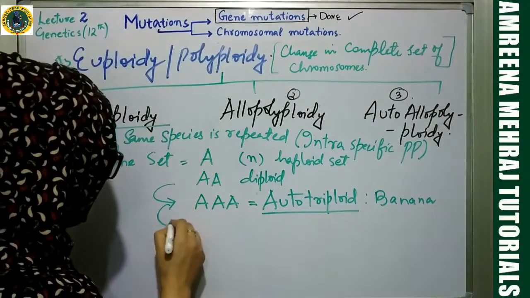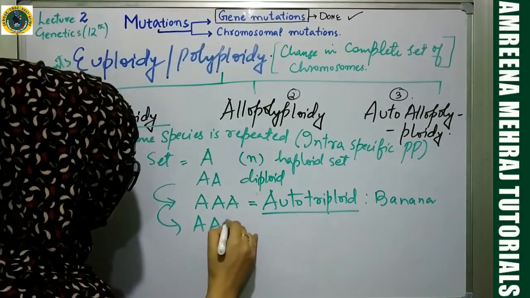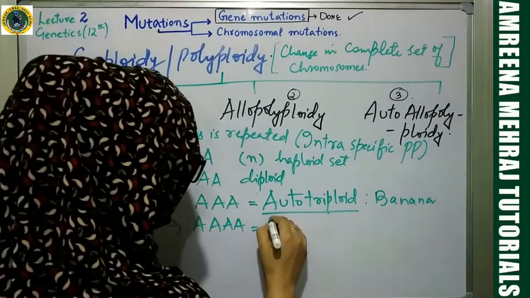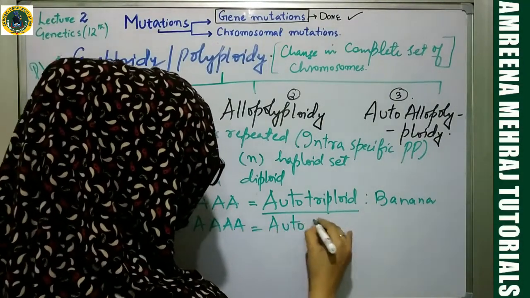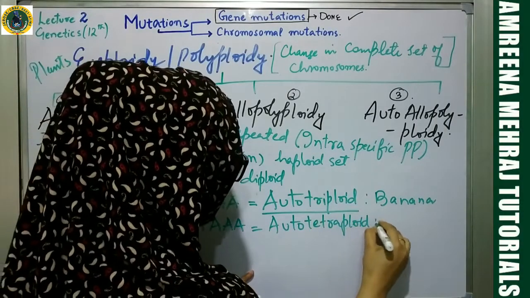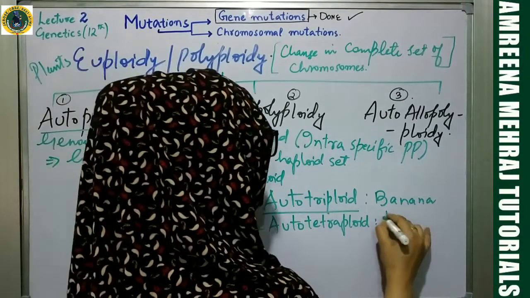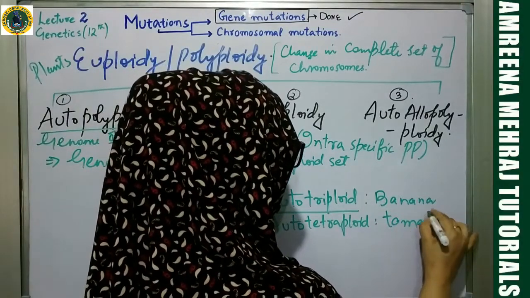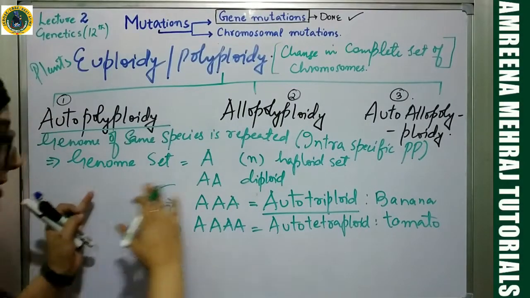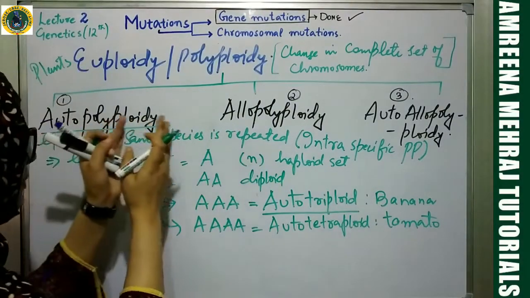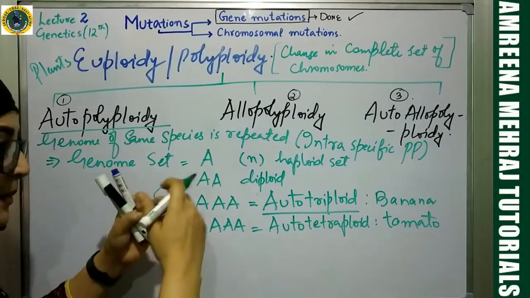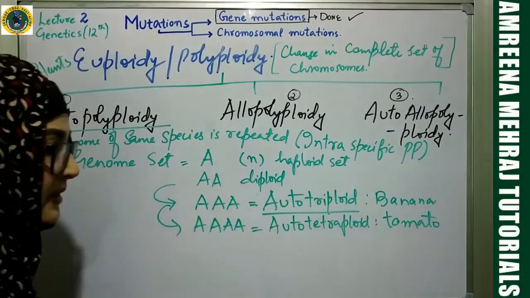Now, suppose an organism has 4 sets. What do you call it? Tetraploid. So we'll call it autotetraploid. This is the case which you'll see in various varieties of tomato in nature. They are autotetraploid. So this is your autopolyploidy, where an individual organism has multiple copies of its genome.